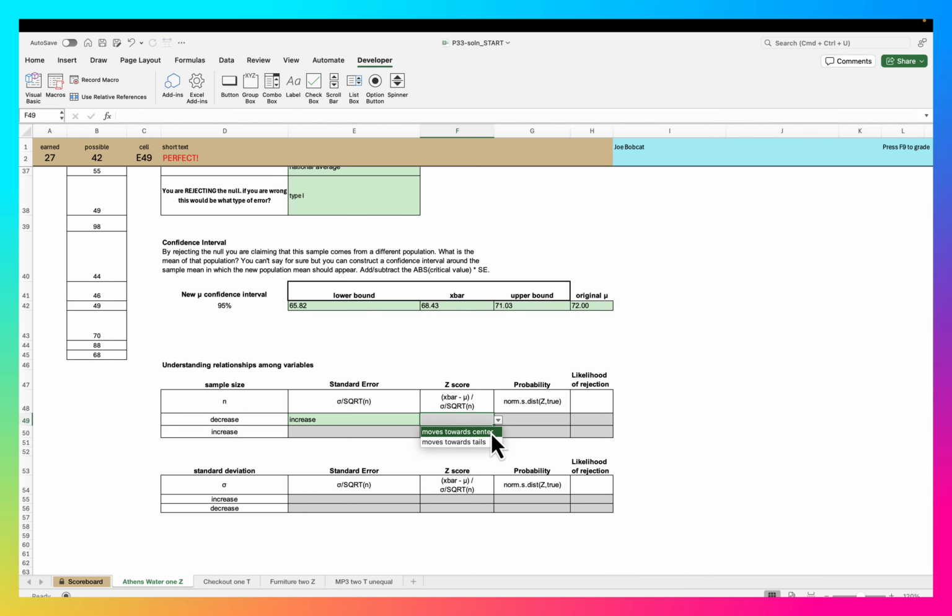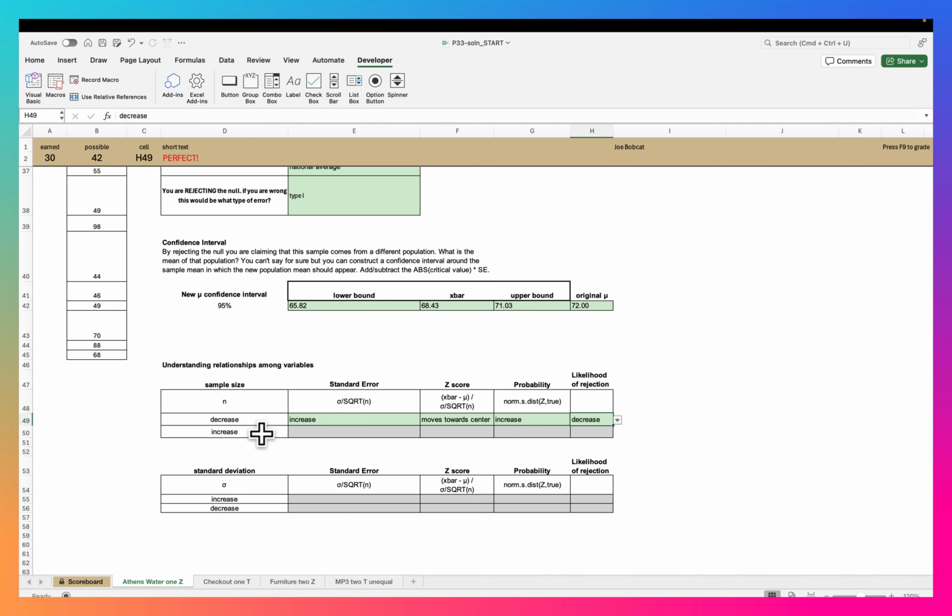Or another way, it moves towards the center, moves towards 0, because the center of the distribution is 0. And then if you're towards the center, your probability is actually going to increase. And if your probability is high, well, then you're probably not going to reject. So your likelihood of rejection decreases.